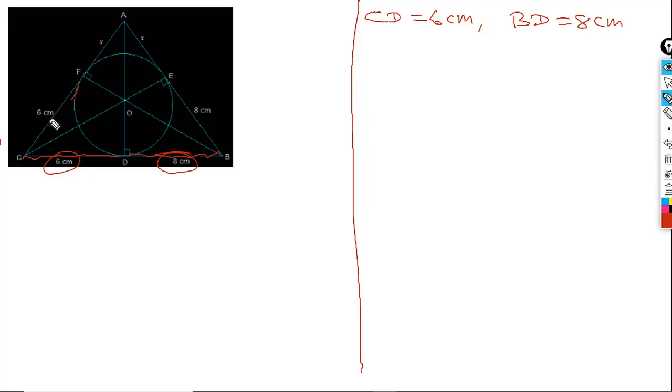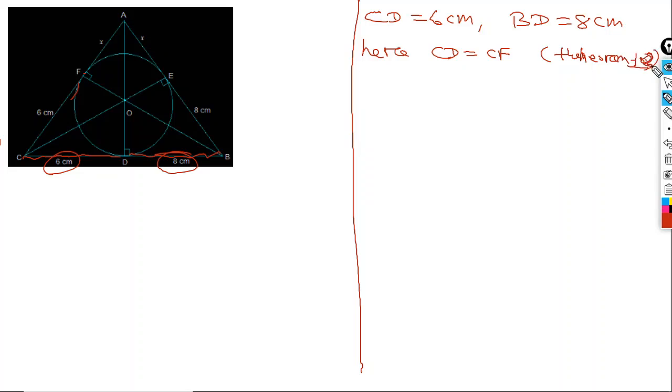Why? Because of theorem 10.2. So here you can write CD equal to CF, theorem 10.2.